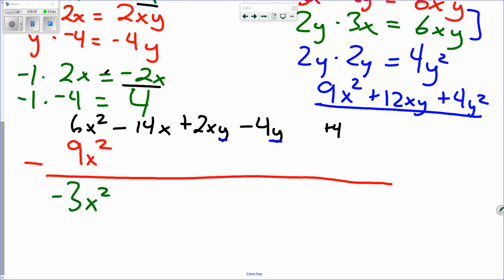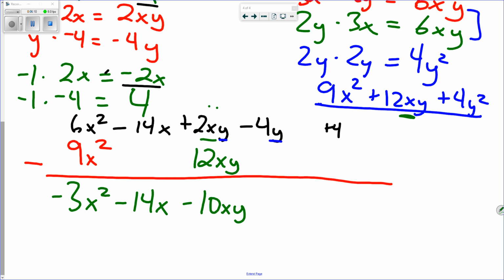We just bring that negative 14x down, right? Negative 14x minus 0 is still negative 14x. We look for xy's. We do have a term with xy's right here. So 2xy minus 12xy is negative 10xy.